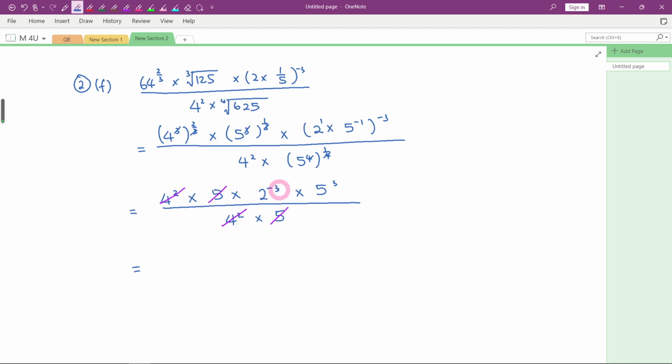Now, this is 2 power negative 3 times 5 power 3. 2 power negative 3 is actually equal to 1 over 2 raised to the power of 3. And this 5 power 3 is actually equal to 125, right? Okay, so the final answer will be 125 over 8. 2 power 3 is equal to 8. You can change to mixed number. If you don't want, you can just stop here.